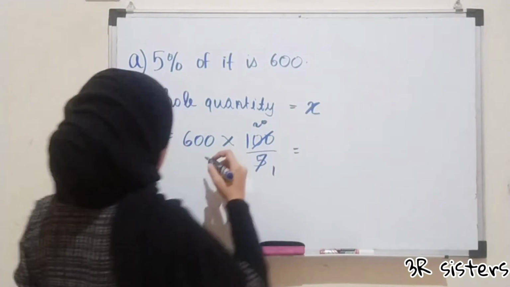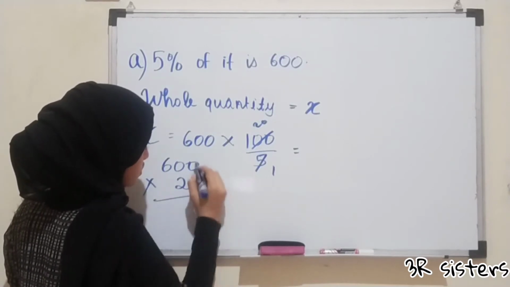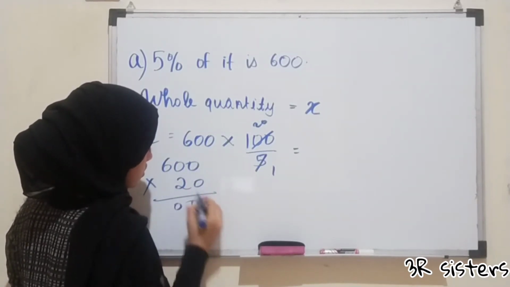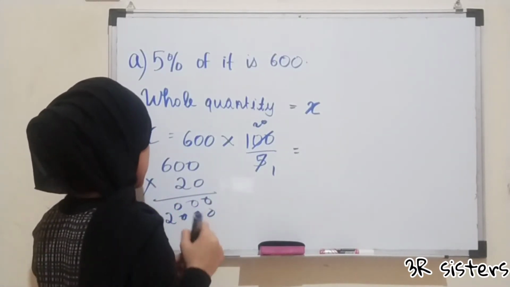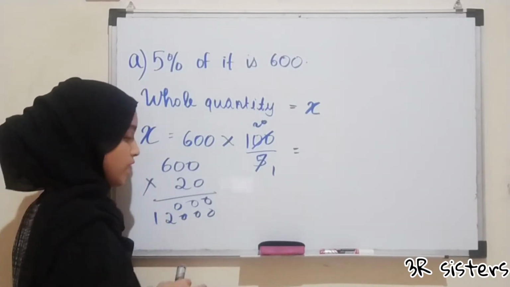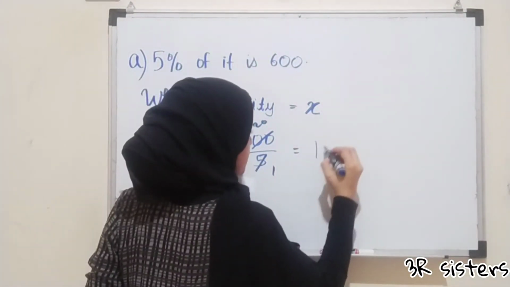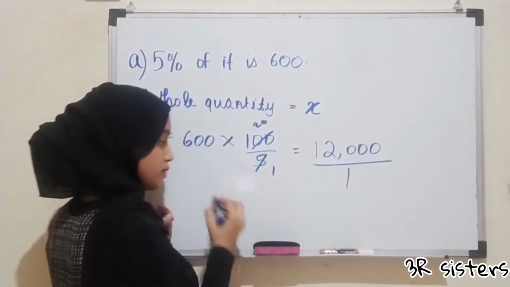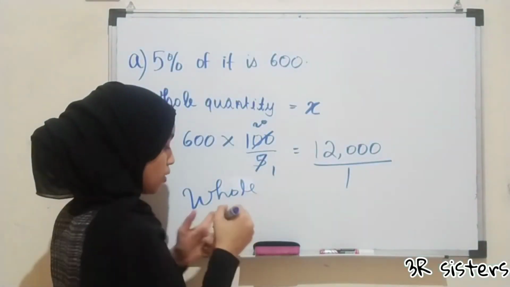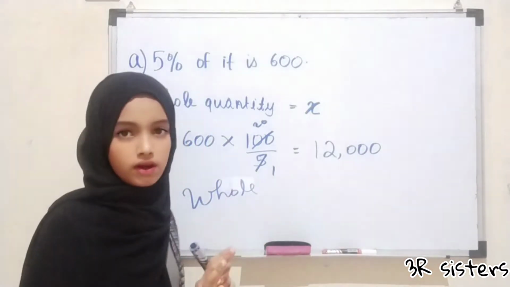So what is 600 into 20? 6 twos are 12, so it is nothing but 12,000. 600 into 20 is 12,000. 12,000 by 1 is a whole number, so we can just wipe off the 1.